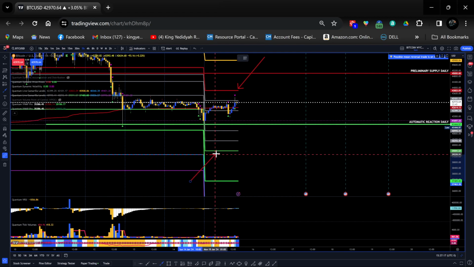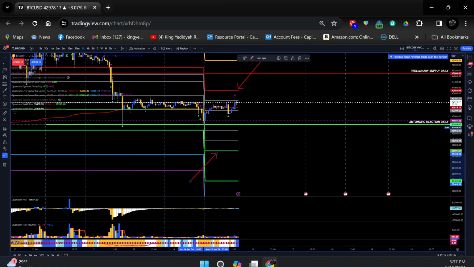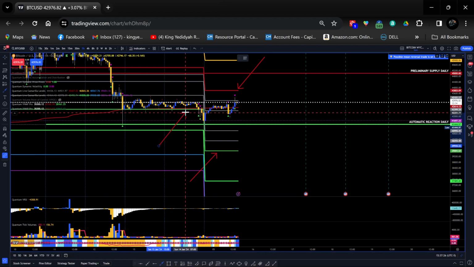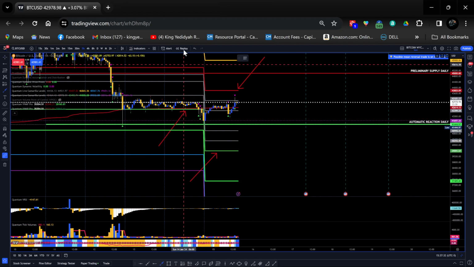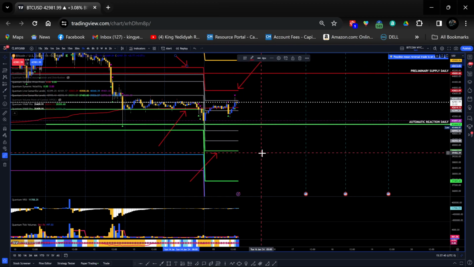So it's in an overlapping lower value relationship. Let me point out where it was before: previous Camarilla S3 right there, and previous Camarilla R3. So overlapping lower value relationship.